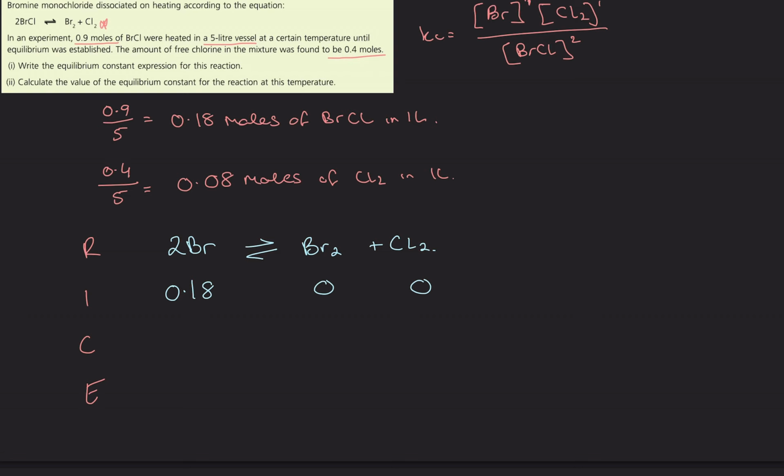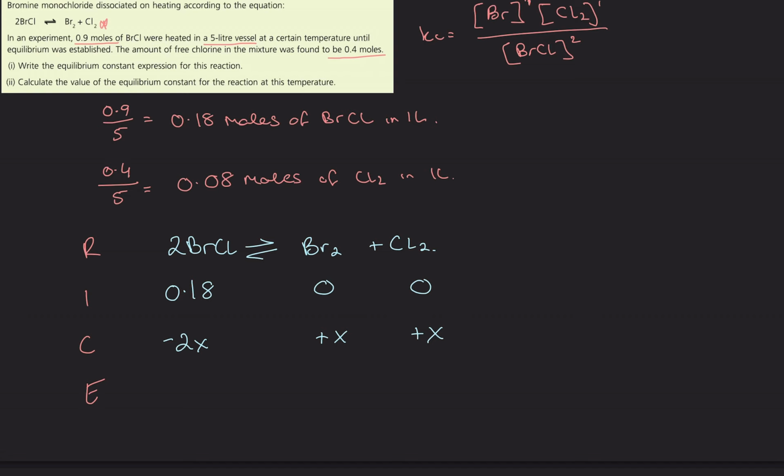Now you can do this as minus x and then minus half x plus half x plus half x if you want. Or you can just stick with the number in front of the compound. So there's a 2 in front of bromine chloride here, so you can just put in a minus 2x there. The change would be plus x over here because there's 1s in front of bromine and chlorine.